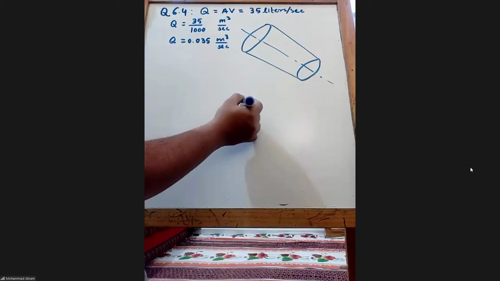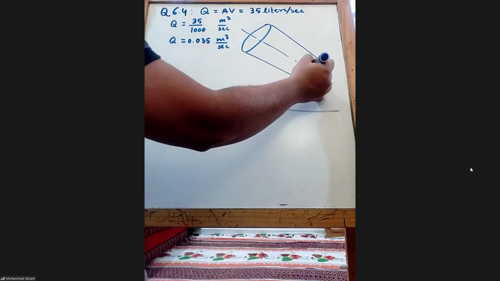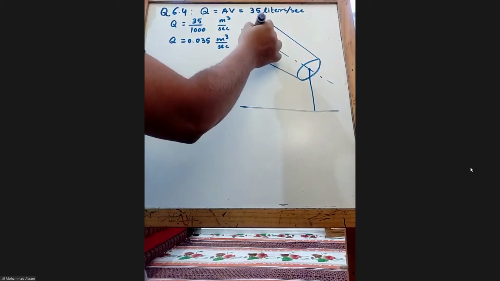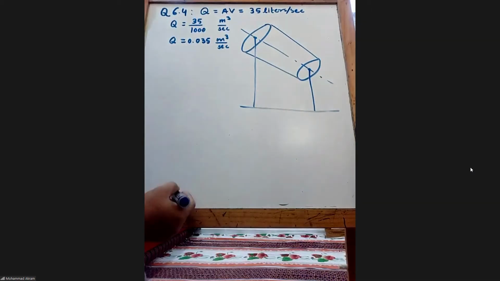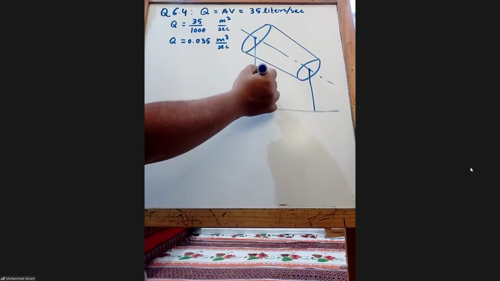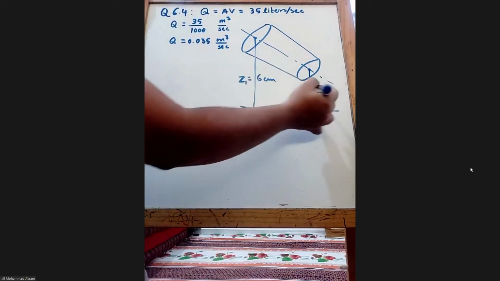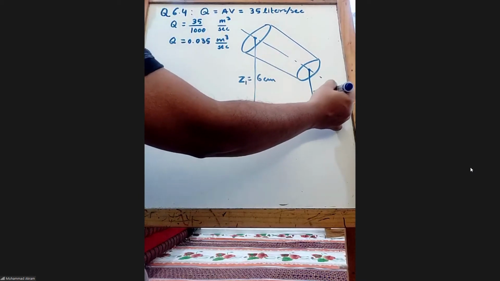If I say this is the reference point, the center point of this, now it is given that section 1 is 6 meter, that is Z1, and Z2 is given as 4 meter. Am I right?